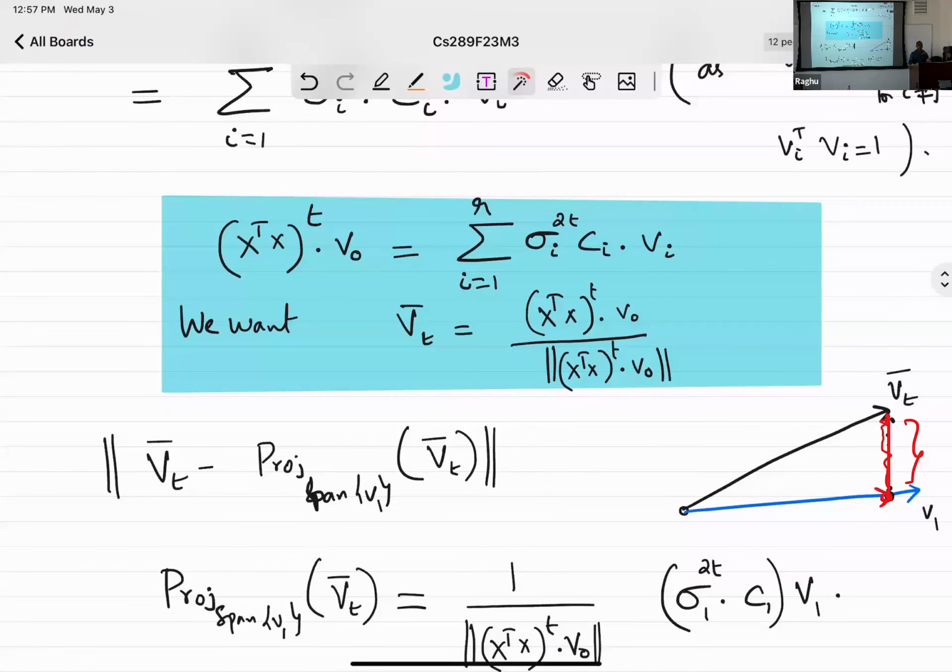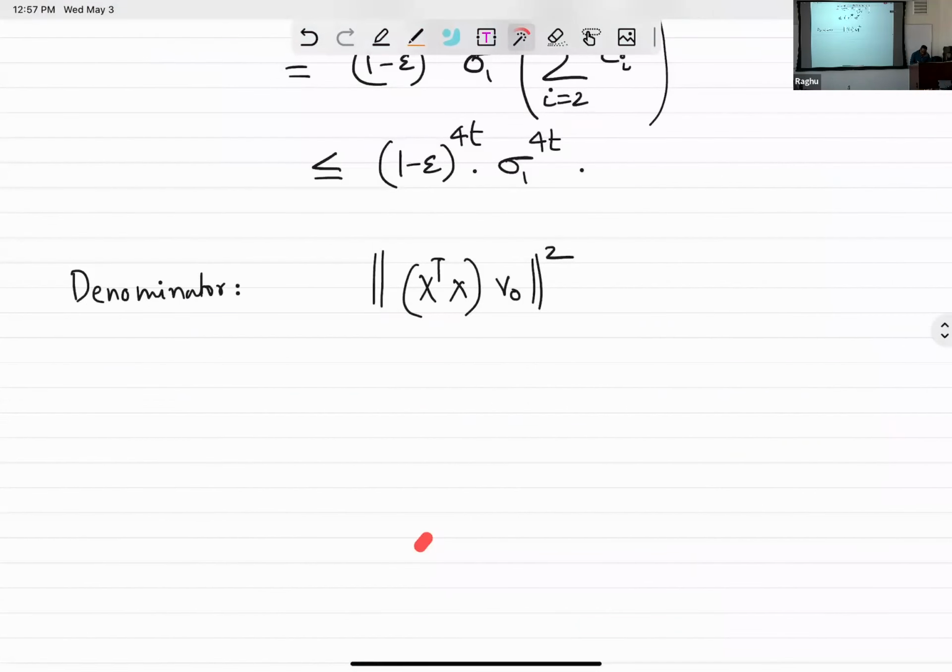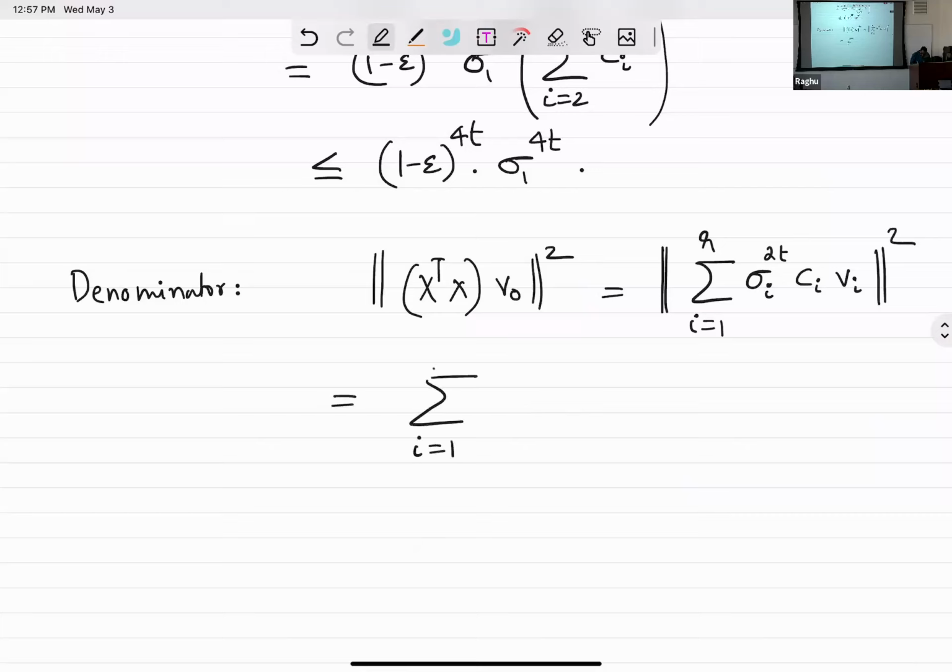If I write a vector in an orthonormal basis, then its length squared is the sum of the squares of the coefficients. So this is equal to, which is at least the first term. It's a sum of squares of many things. I'm going to say it's at least the first term, and that's good enough for me.